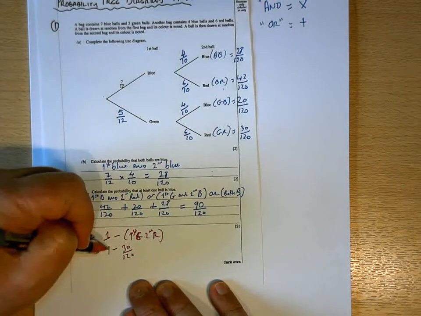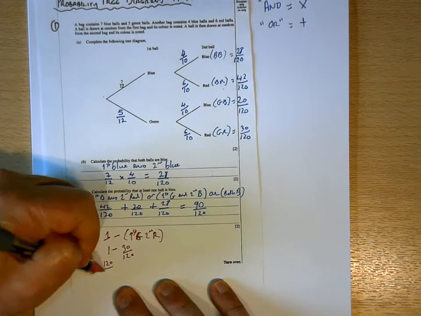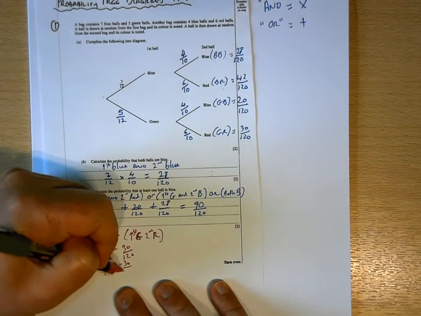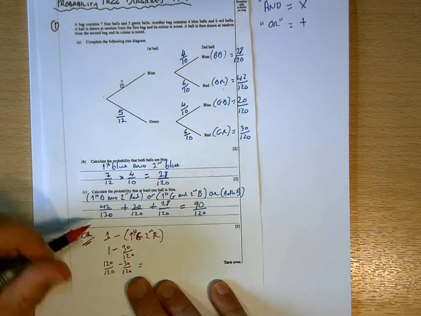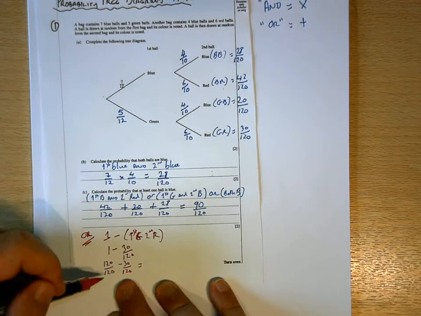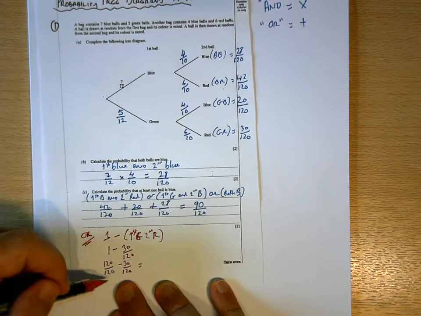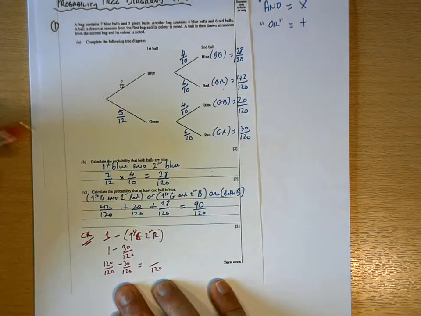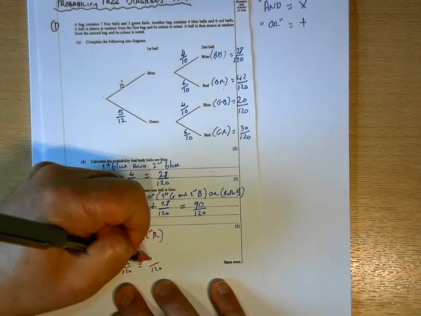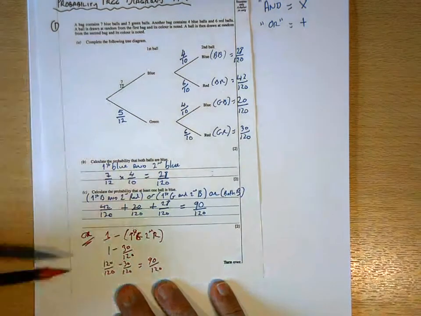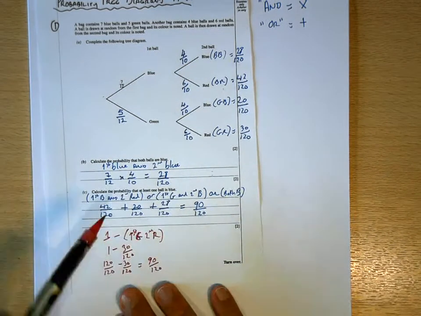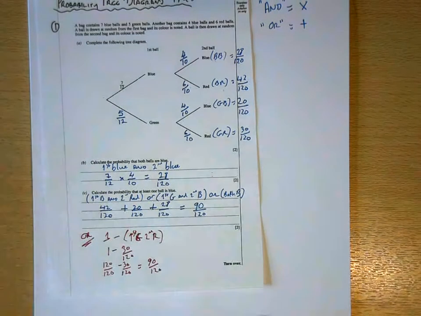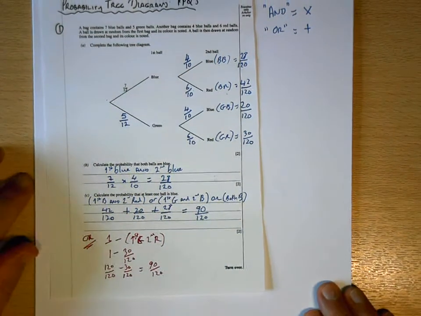Well, 1 is the same as 120 120s. Now when you're adding or subtracting, you can't do it until the bottom number is the same, which it is here. So I know that I'm measuring out of 120, and 120 take away 30 is 90. So you end up with the same thing, but with less working out to do. Doesn't matter which way you do it, really depends how your brain is wired, I suppose.